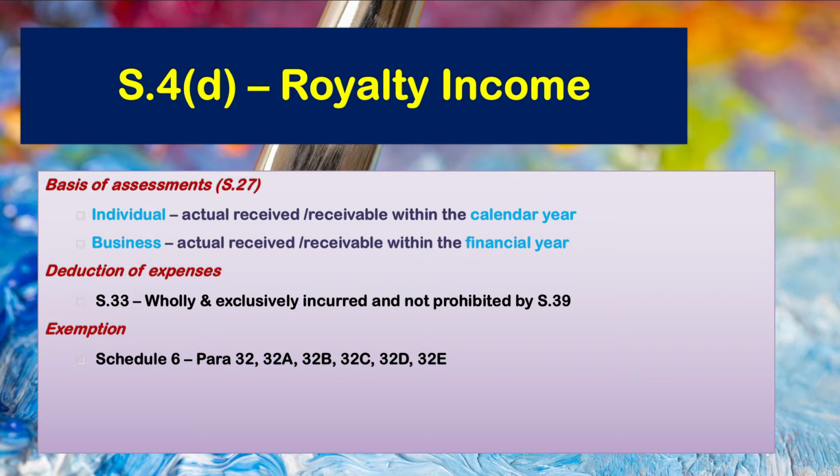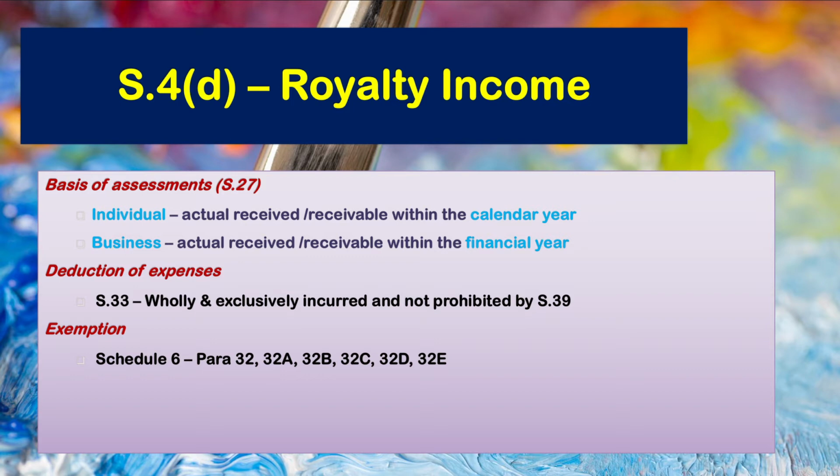The same thing applies when you record your discs or tapes. You are good at singing, so you go and do your recording at a recording company, and of course when they sell your CD and so on, you will get royalty payment. For that matter, you also get an exemption of 10,000 for the year.